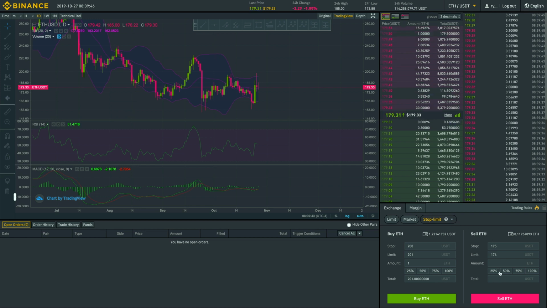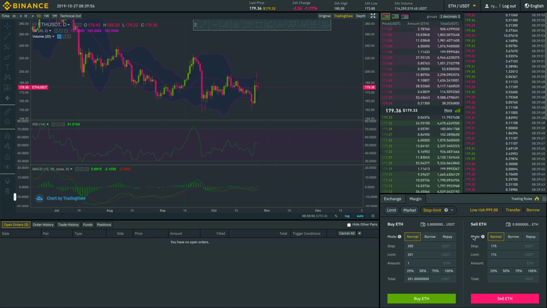Now I want to talk about something here called margin. Now I've never used it with Binance, but margin is basically borrowing money. You're going to borrow some money in order to make a trade.